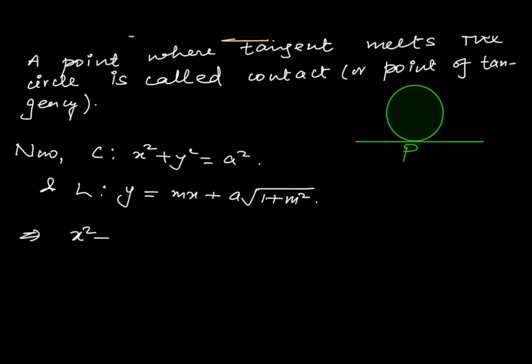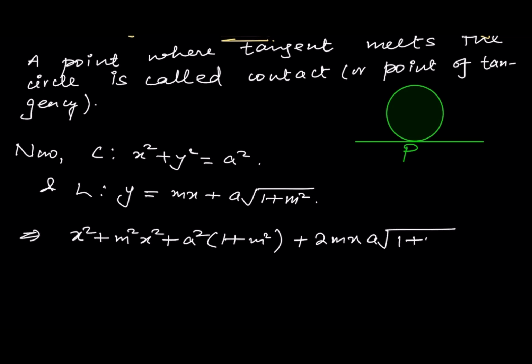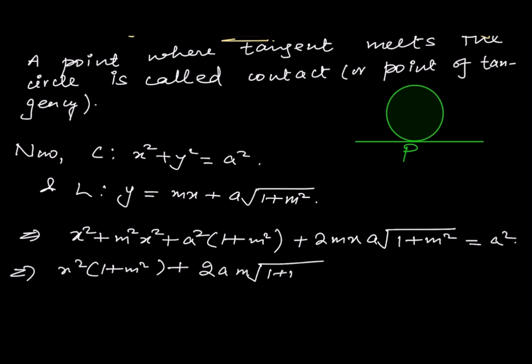So x square plus m square x square plus a square times 1 plus m square plus 2mx a times root over 1 plus m square is equal to a square, right? Or x square times 1 plus m square plus 2am root over 1 plus m square times x plus a square m square is equal to 0.